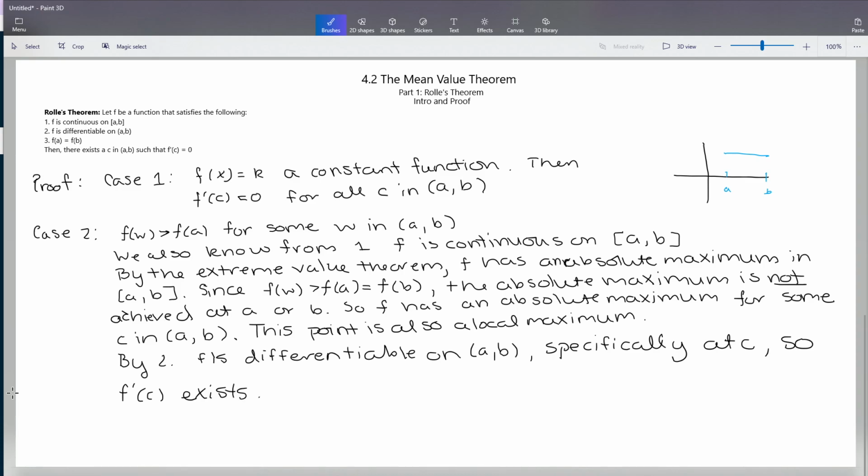And what that tells us, right, we know that there's a local maximum at C. We know that f prime of C exists, so we know that we can apply Fermat's theorem.